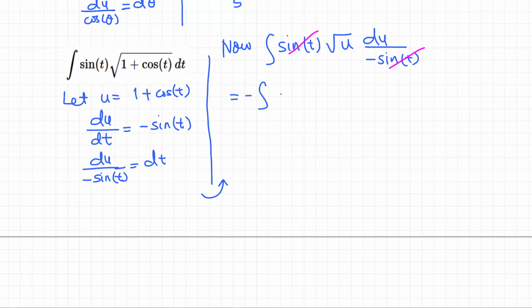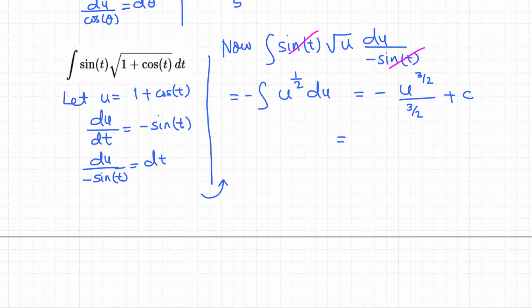The square root of u means u raised to 1/2, du. Now we use the power rule, like x to the n dx: n plus 1 means 1/2 plus 1. 1/2 plus 1 is 3/2, and we divide by the same thing, 3/2, plus c.